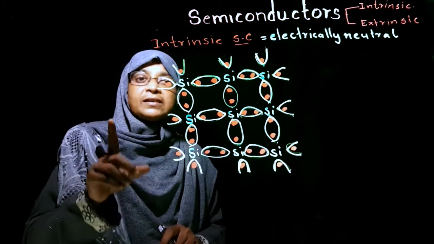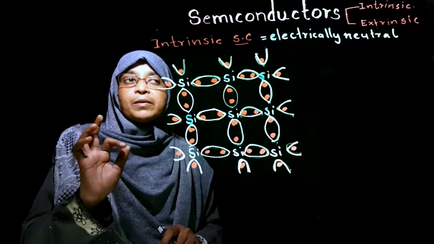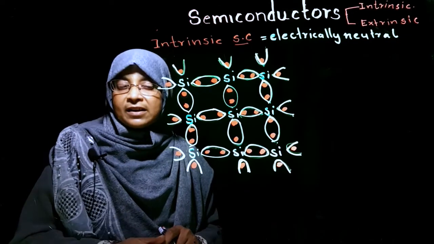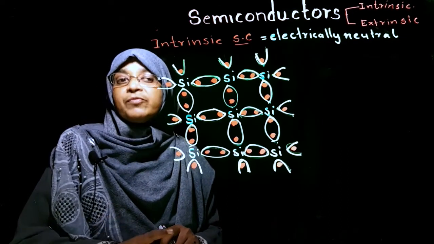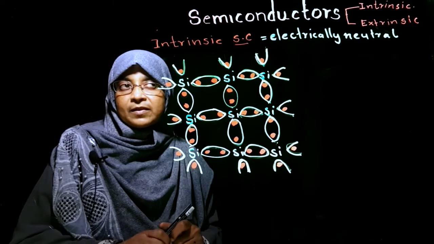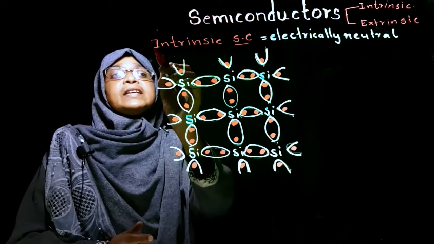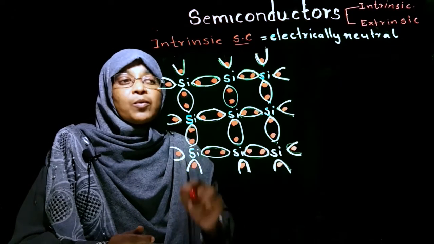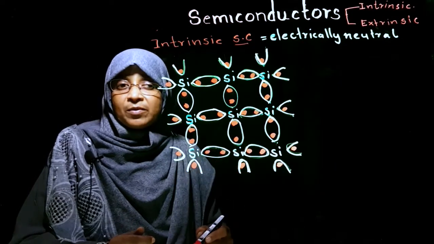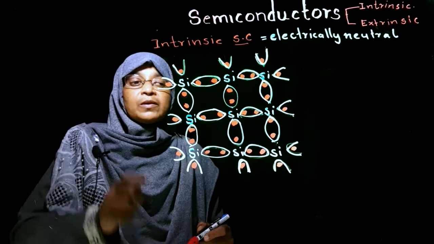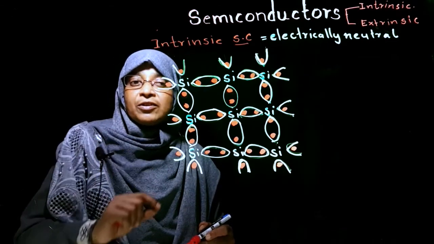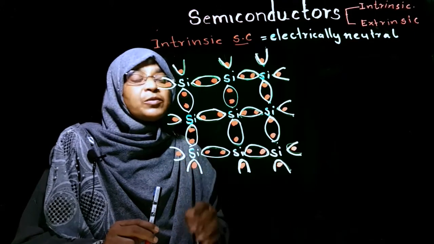Okay. Next, let's see what these extrinsic semiconductors are. Extrinsic semiconductors are formed by doping the intrinsic semiconductors with group 5 elements. We know these intrinsic semiconductors are a pure lattice. All atoms are the same. Now this group 4 lattice is going to mix with group 5.